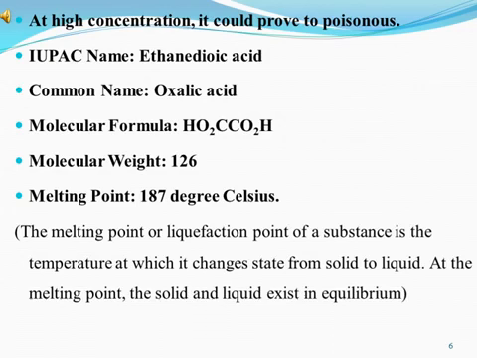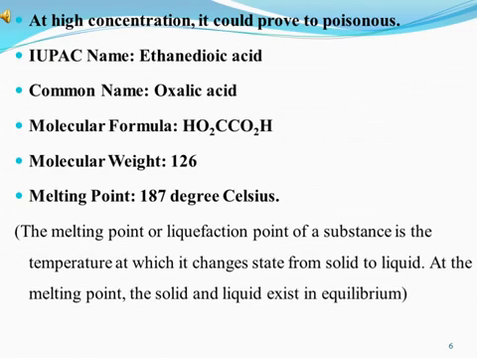The IUPAC name of oxalic acid is ethanedioic acid. The common name is oxalic acid. The molecular formula of oxalic acid is COOH bonded with another COOH. The molecular weight of oxalic acid is 126.